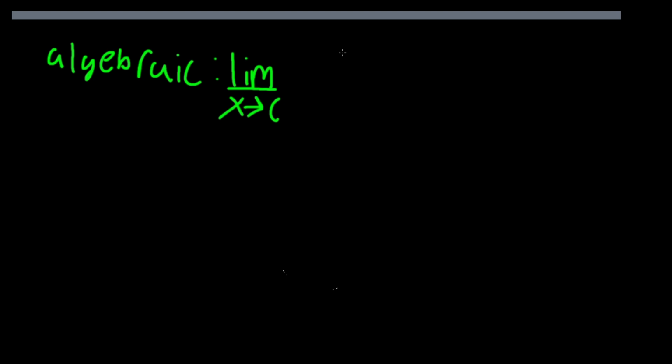As x approaches c of f of x, which goes to the right here, is equal to L. They love to use L to say this on the AP exam and in the course description, so I'm just going to use L. This is algebraic notation of a limit.